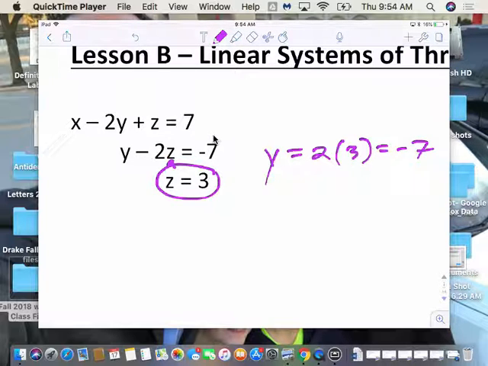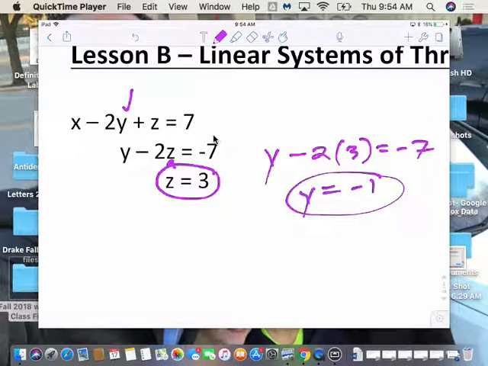That's y minus 6, and so you add 6 to both sides, and if you're following along, that means y must be negative 1, right? So we got y equals negative 1, we got z equals 3, and we could drop both of those into the first equation and then go solve for x.